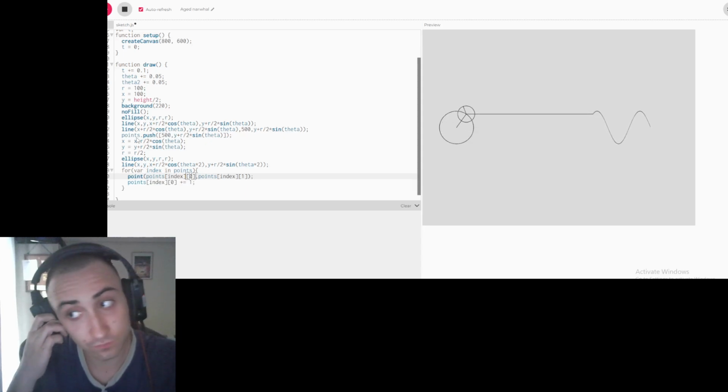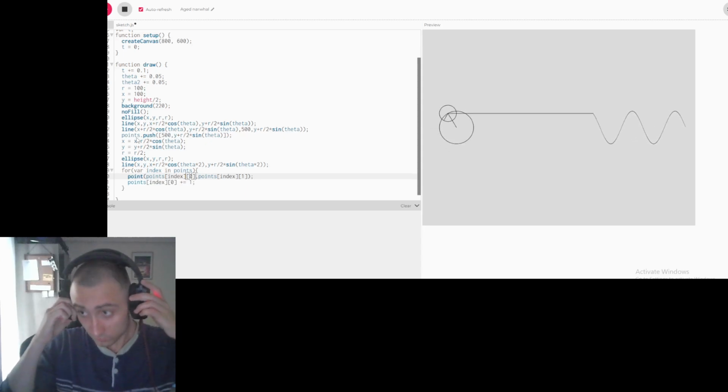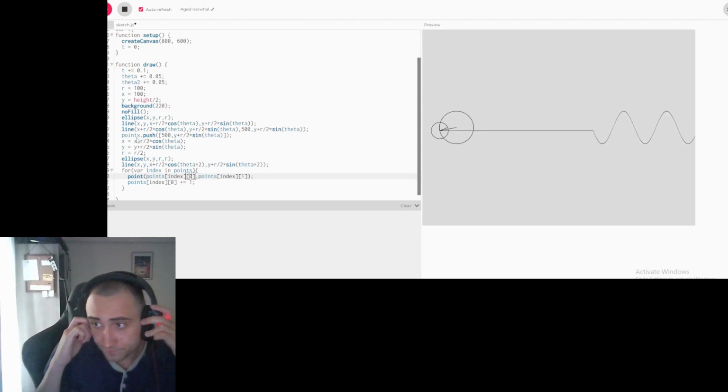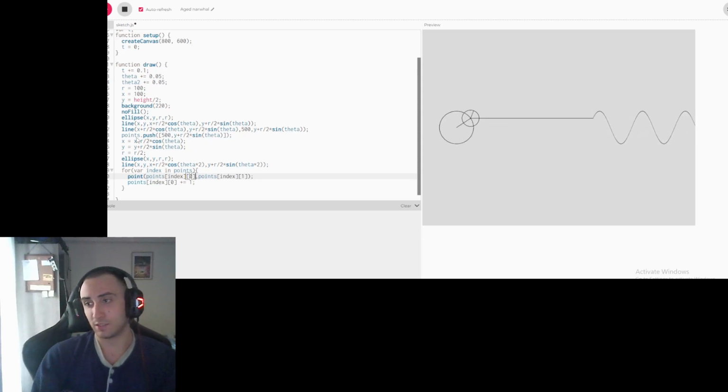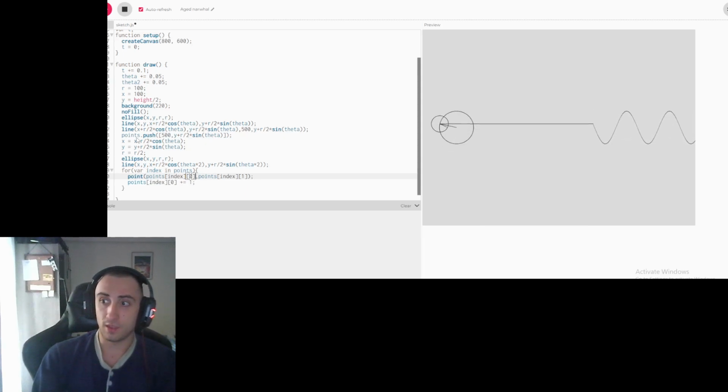Okay. This is it. So we have made the circle inside the circle, and the width is variable.